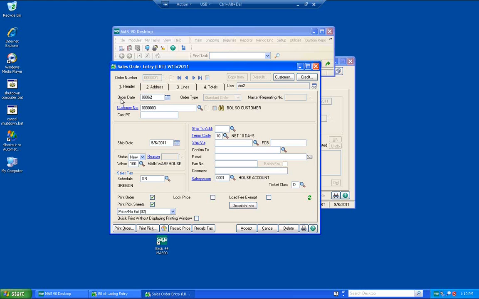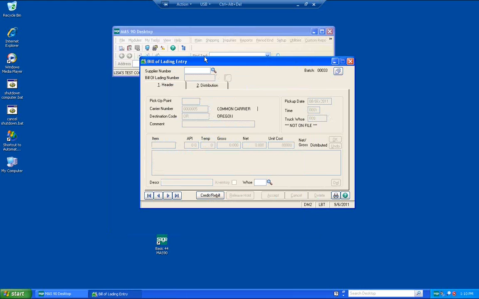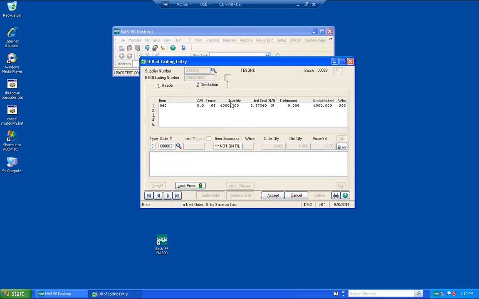Let's change this date to 6. Okay. Excuse me, but I'm not sure why this is not working. So we'll go ahead and accept it and see what happens.